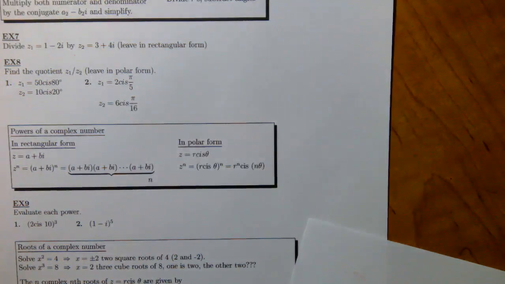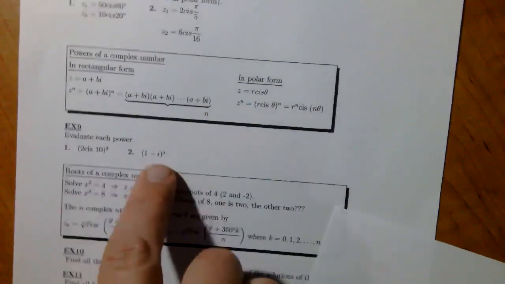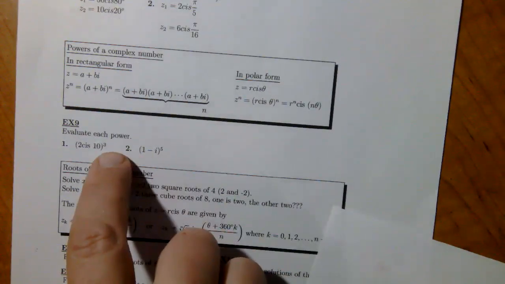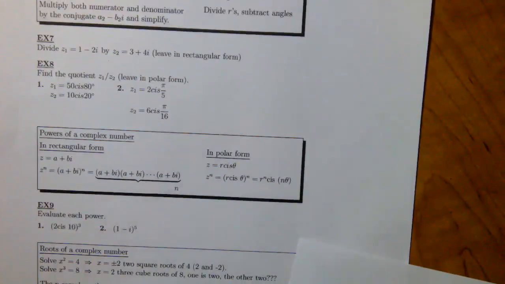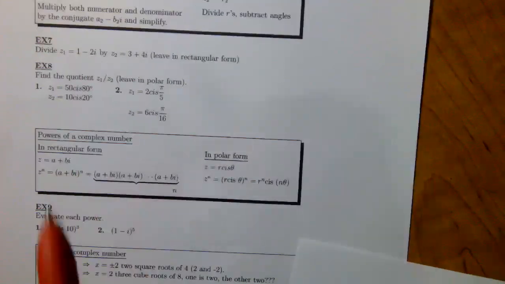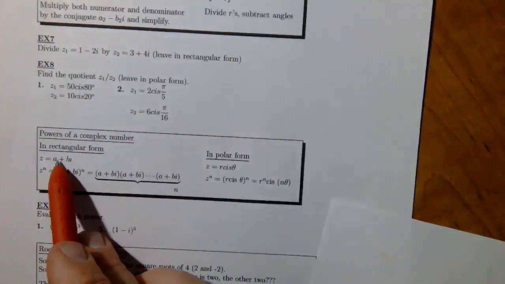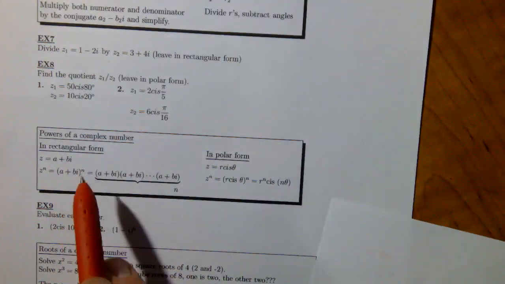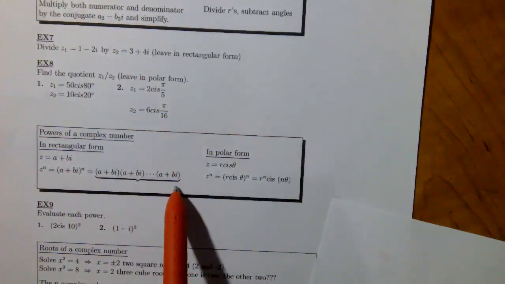What if you wanted to do powers of complex numbers, right? For example, you wanted to raise something to the 5th power or to the 3rd power, okay? Well, what does raising to a power mean? It means repeated multiplication, right? So imagine in rectangular form, how would you do that? In rectangular form, you would take that whole thing, whatever it is, and multiply by itself that many times.